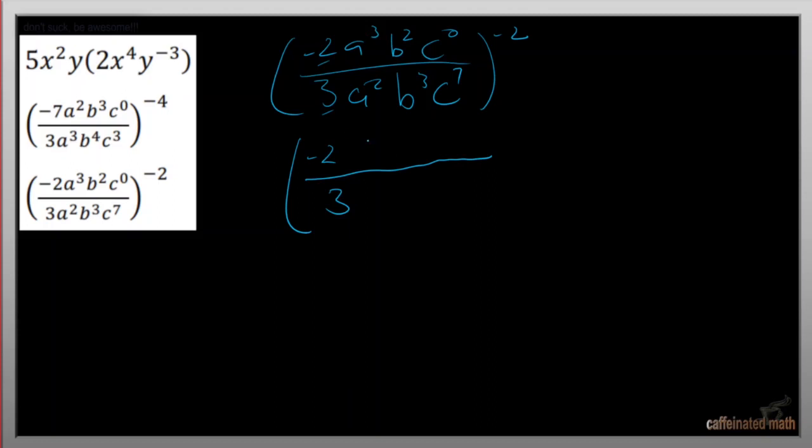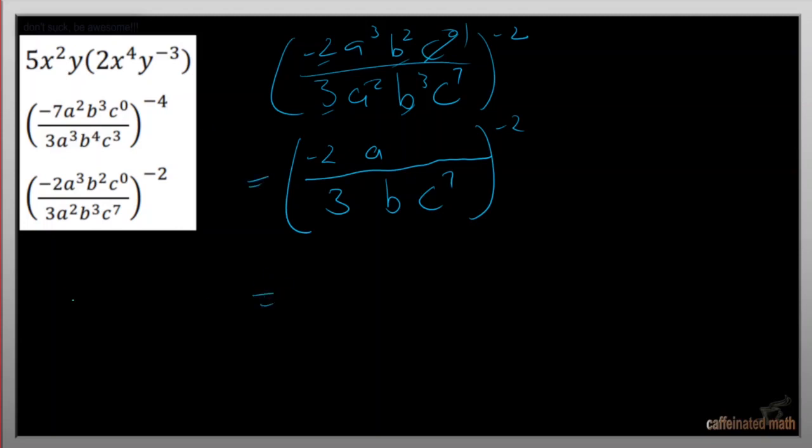And then we have a to the power 3 divided by a to the power 2, that's just a. And then we have b cubed at the bottom and b squared at the top, so that's just b. Remember, anything to the power 0 is just 1, so our c to the power 7 remains, and then we have an exponent of negative 2.